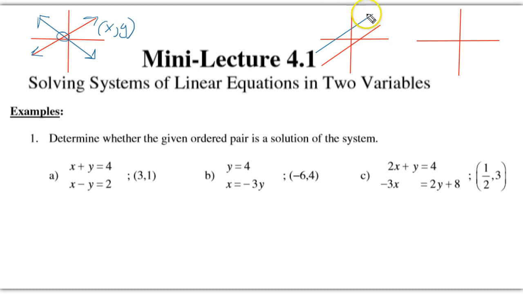Well, you could say that, again, along this blue line, there's an infinite number of ordered pairs, and along this red line, there's an infinite number of ordered pairs, but there will never be a common ordered pair between the two, because these lines would never intersect.